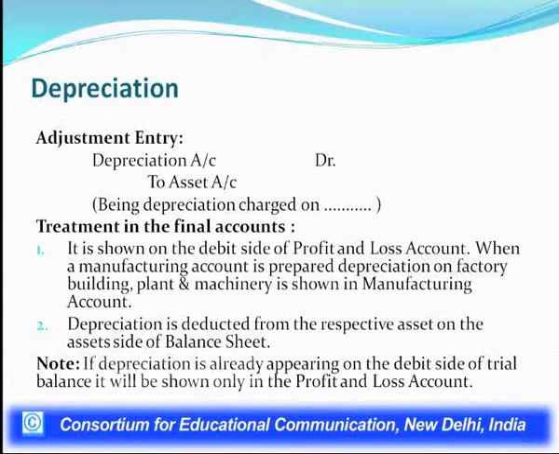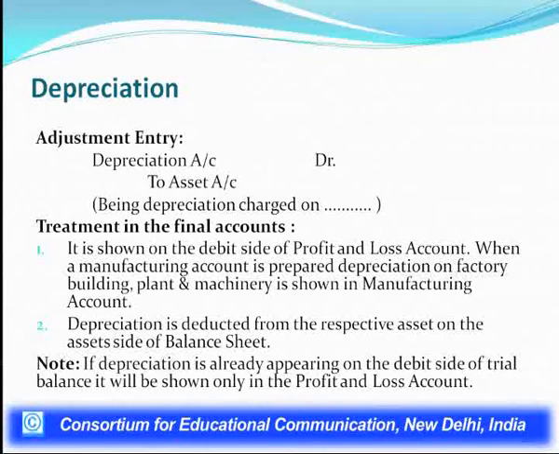Except land, these assets are depreciable. They have a fixed economic life, and after that economic life they become useless. So we need to write off the proportionate amount of benefit out of that asset. And for the depreciation being lost, we pass the adjustment entry depreciation account debit to asset account.